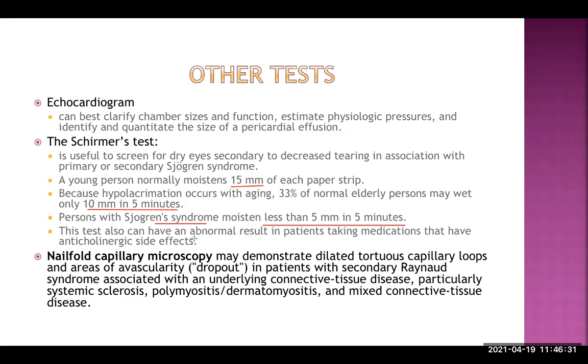This test also can have an abnormal result in patients who take anticholinergic medicine. So can you give me an example of anticholinergic medicine? What are those? Anyone? What are anticholinergic substances or medicines? Sir, atropine like homatropine.